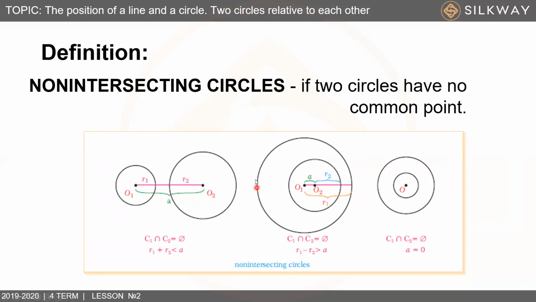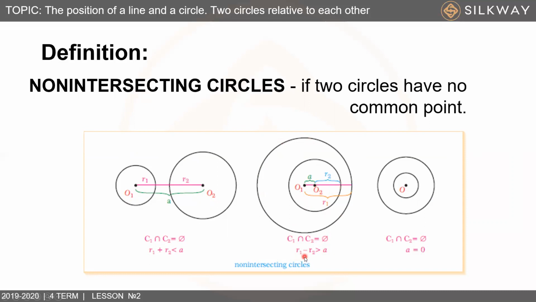In this second figure, we have two circles, and R1 is the radius of the big circle, and the second radius is R2 here.